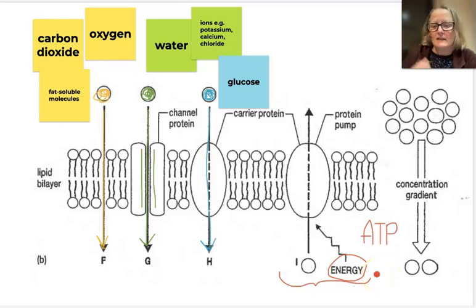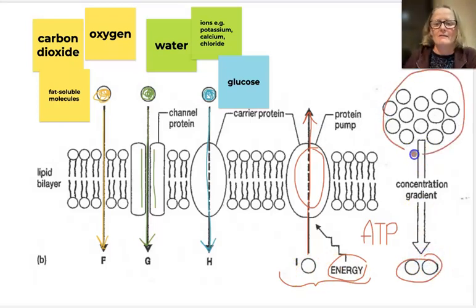And they release a little molecule called ATP, and ATP is actually used to change the shape of this carrier protein. So also a shape-changing protein. But this time you can see the arrow of movement is out against the concentration gradient. So we're moving molecules from where they are in low concentration, and we're moving them this time out to an area where they're in high concentration.